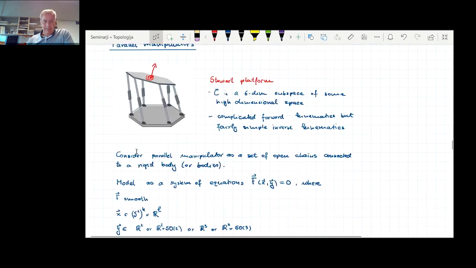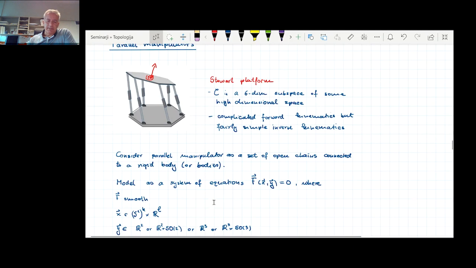Okay, so this is about parallel manipulators. Now, a typical way to model this in a mathematical way is to say, I have some input data, let me call it some vector of x's, and then I have some output data, so x is from the joint space, y is from the workspace, and I have some smooth relations, which are defined as a system of equations.